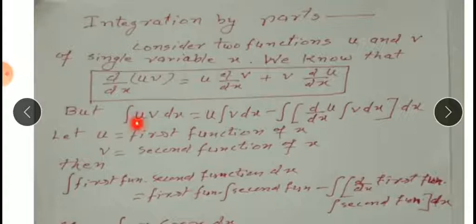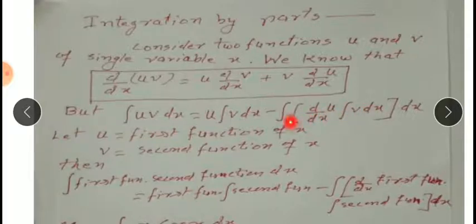See, this is the integration of two functions, first function and second function, is equal to first function into integration of second function minus whole integration of differentiation of first function into integration of second function. u is considered as first function, v is considered as second function.